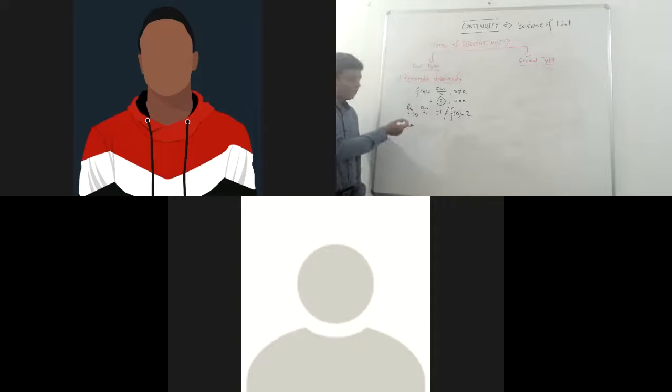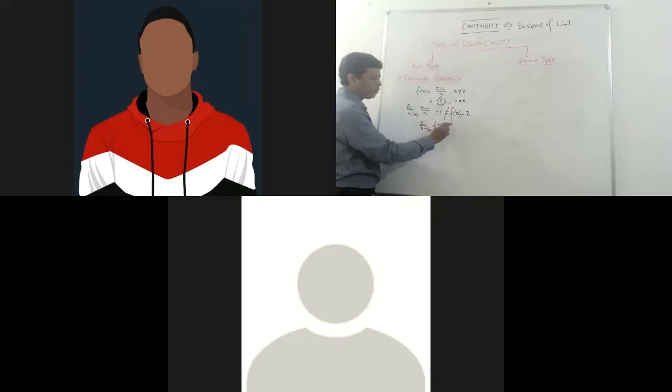Sir, I didn't understand this. The limiting value of sin x by x is 1. Yes sir. What is the criteria for continuity? Limit x tends to a f(x) equal to f(a). Yes sir. But here what is your f(0)? 2. Instead of 2, if we had written 1, it would be continuous.